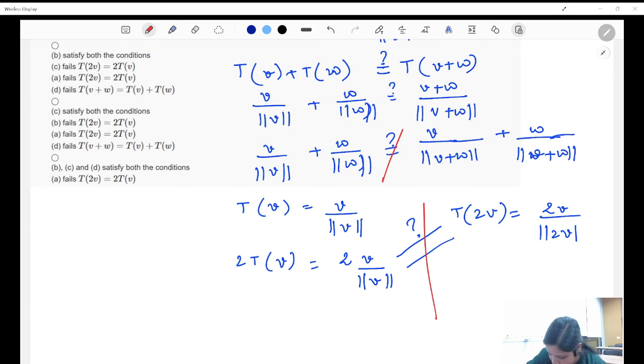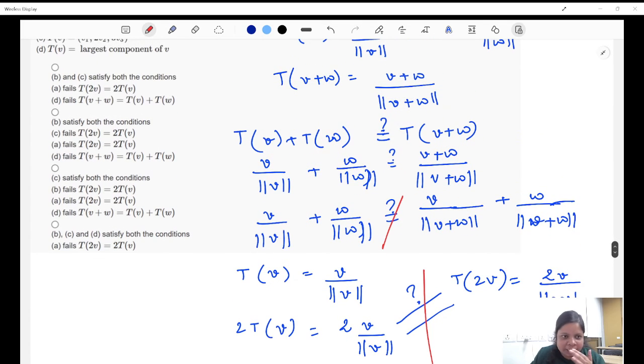Ma'am, in all options it is given that A fails for T of 2V equal to 2TV, so there is no need to check this according to the option. Okay, you don't need to check this, right? Yes, ma'am. So it fails for this as well.